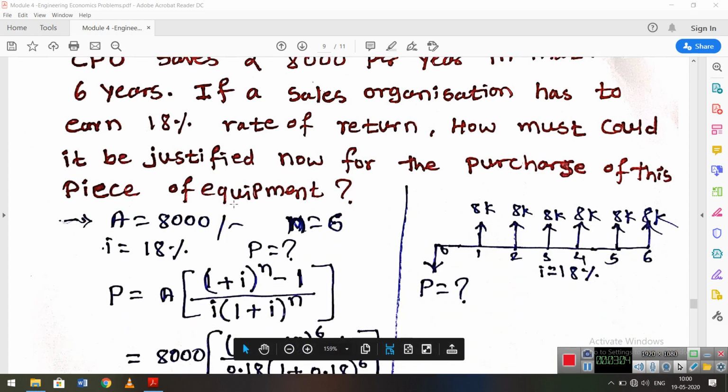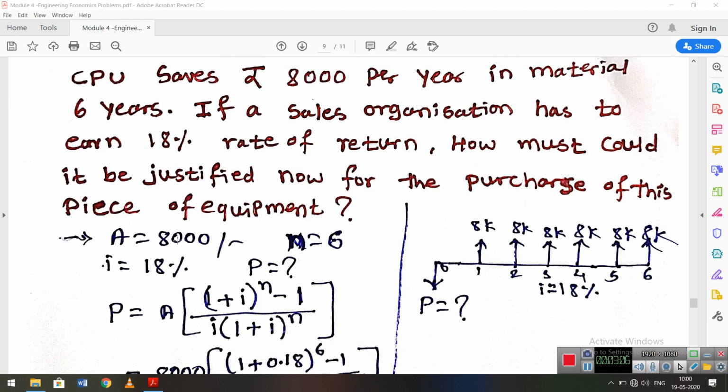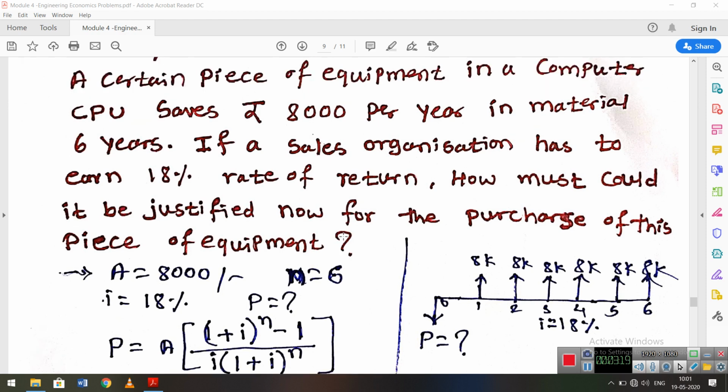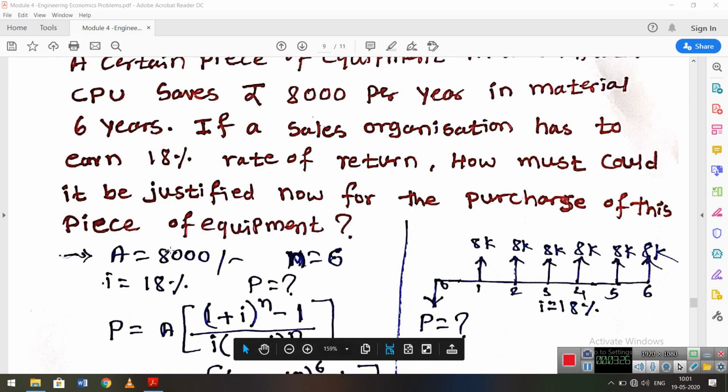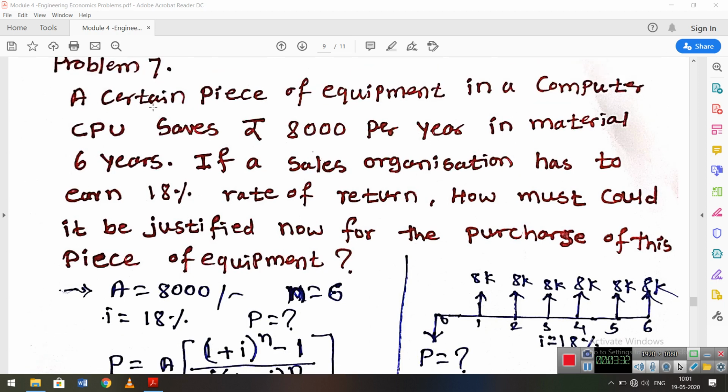Here the A value is 8,000, that is, the equipment saves 8,000 every year, with the interest rate and number of years given. They are asking for the cost of that piece of equipment at the time of purchase.